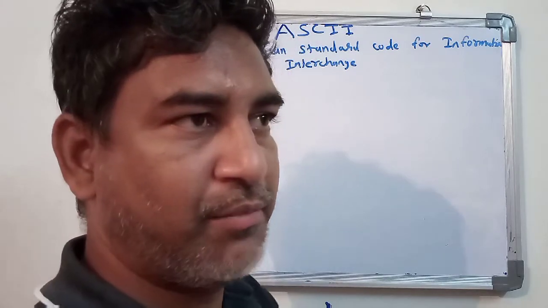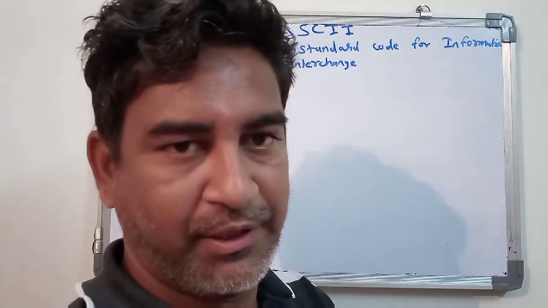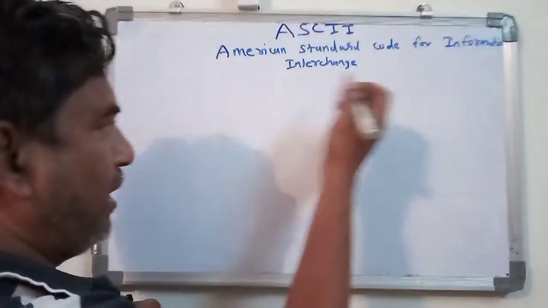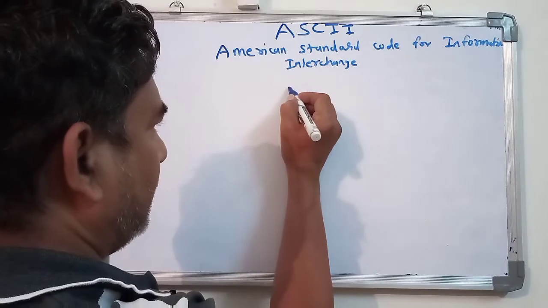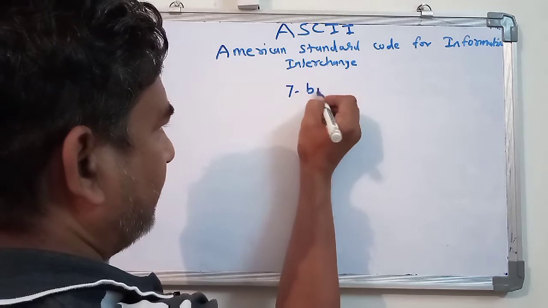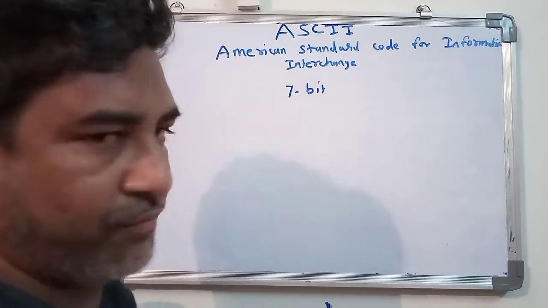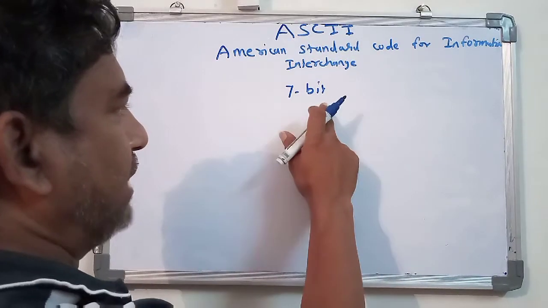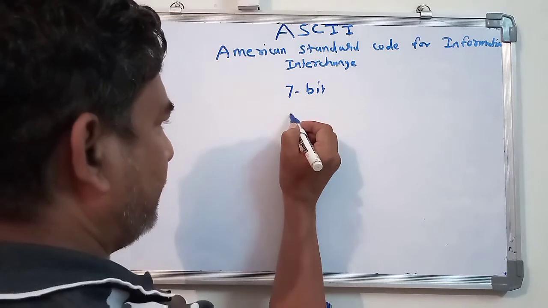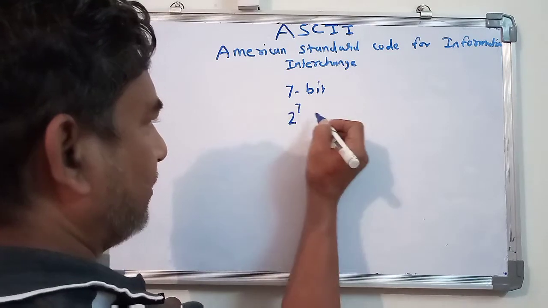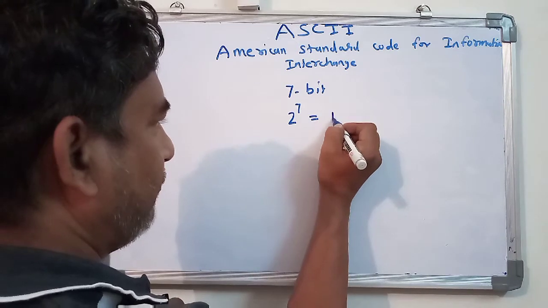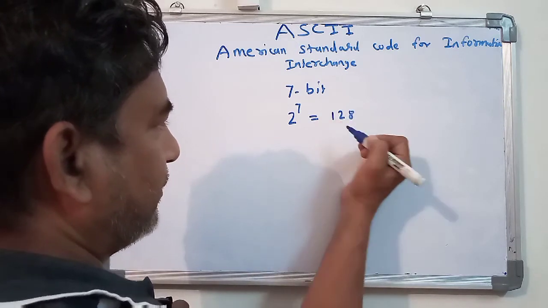Now, in this American Standard Code for Information Interchange, you have 7 bits. It consists of 7 bits. In this 7 bit, suppose you have 2 raised to power 7, then you are getting 128.